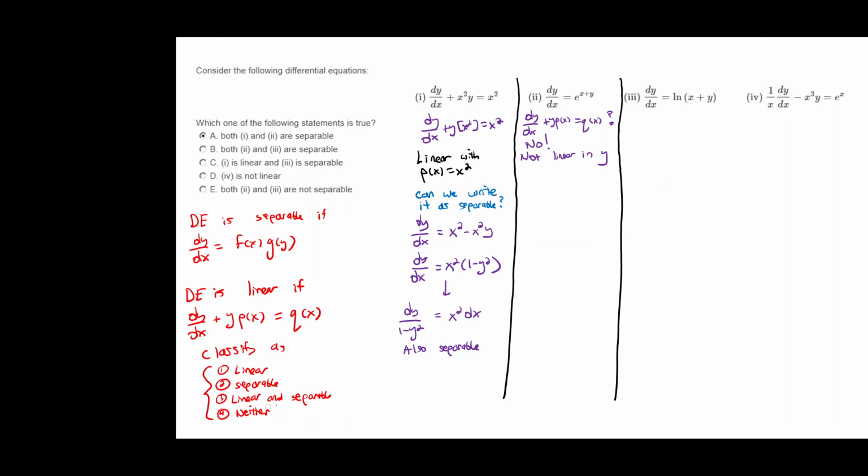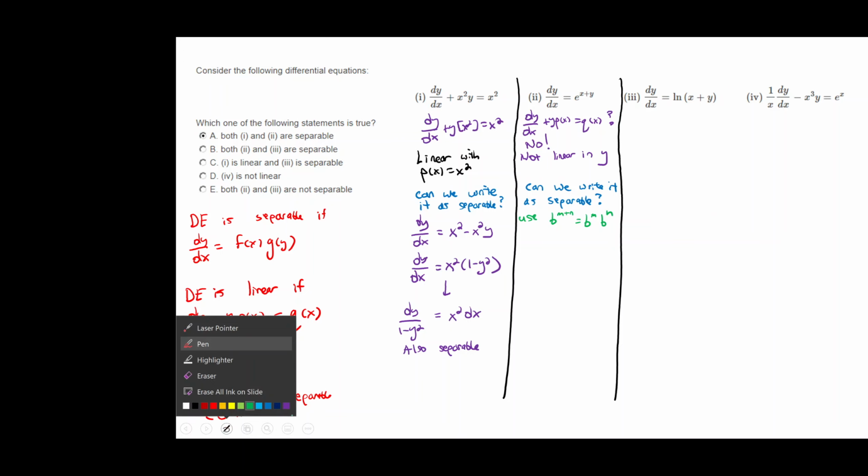Can we write it as separable? And the answer is yes. We're going to use a law of exponents: b to the m plus n is b to the m times b to the n. Use an exponent rule to split up the right-hand side.